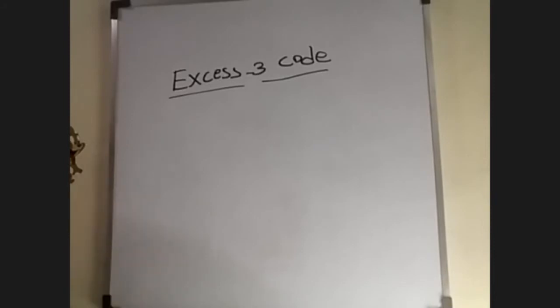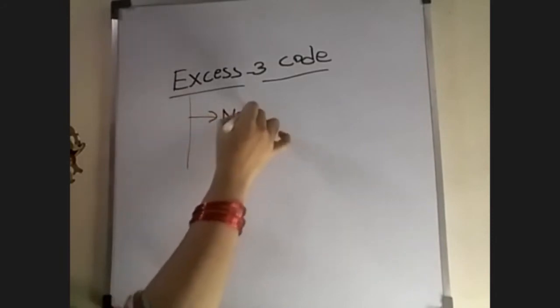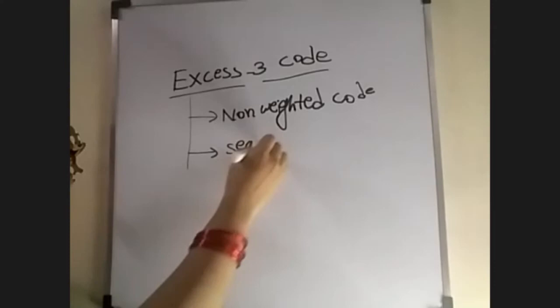In the previous class we discussed that XS3 code is a non-weighted code, and it is also a self-complementing code, and a sequential code also.